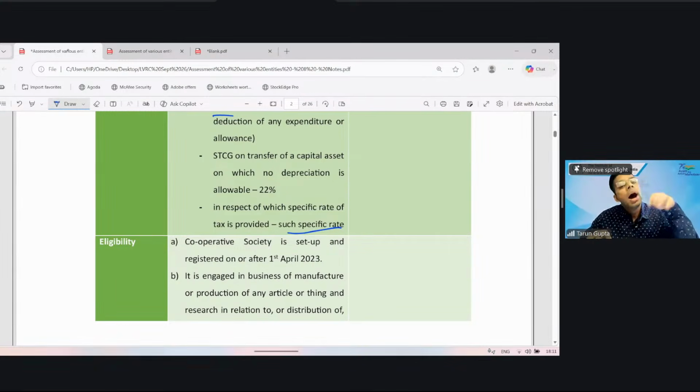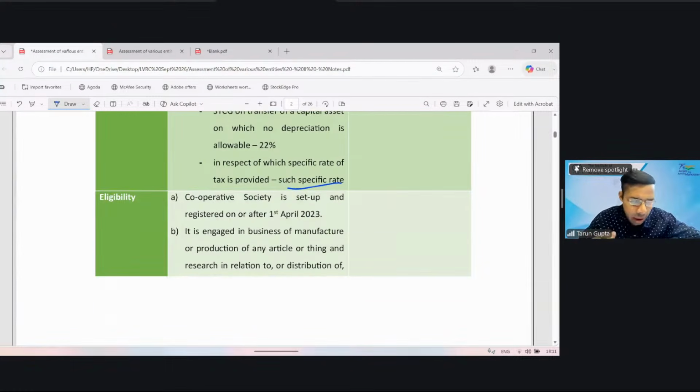Apart from these two types of income, all other income shall be taxable at 22%. The short-term capital gain shall be taxable at 22%. Any other income shall be taxable at 22% on gross basis. All this 15%, 22% shall be increased by surcharge of 10% and cess of 4%.